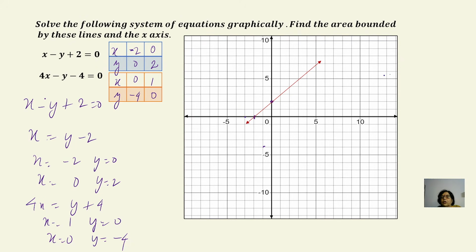Then let us take the other points, 0, comma minus 4. So 0, comma minus 4 will come over here and 1, comma 0 will come over here. So when we join these 2 points, the graph line will go like this.